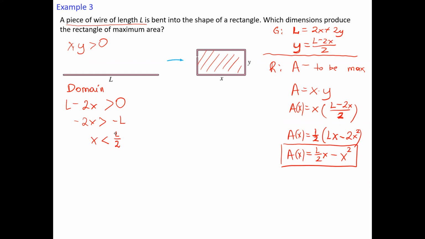X must be less than half of the L and still positive. And again, open interval. X belongs to the interval from 0 to half of the L. X cannot be greater than half of the L, because if this will be half of the L, there will be no wire left to build the width. Yeah? Of course. Okay, that's we have open interval.